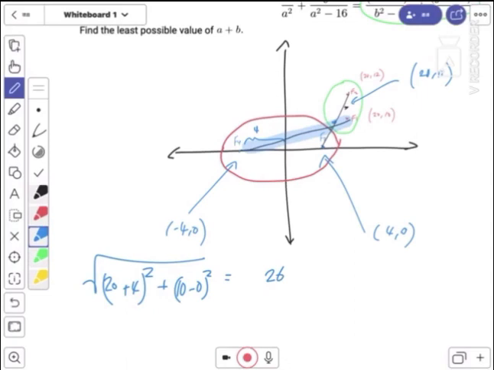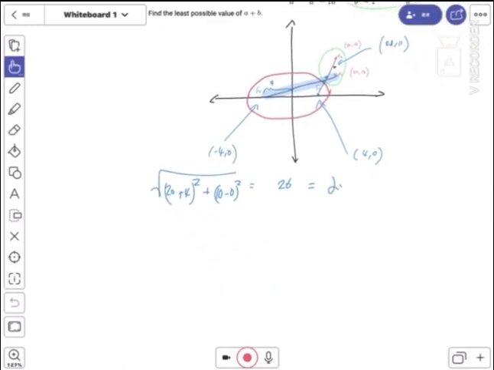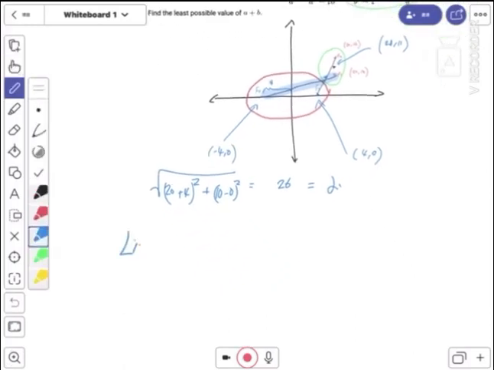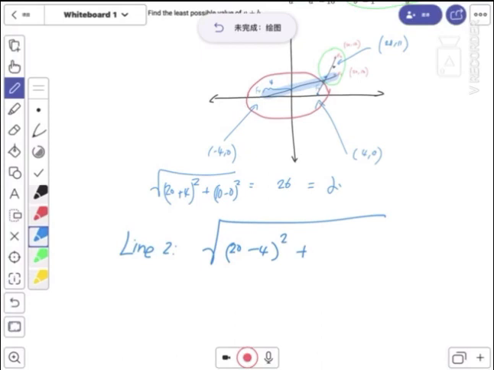That is equal to 26, equal to L1. And line 2 is the square root of (20 minus 4) squared plus (12 minus 0) squared, which is 16 squared plus 12 squared, and that is equal to 20.